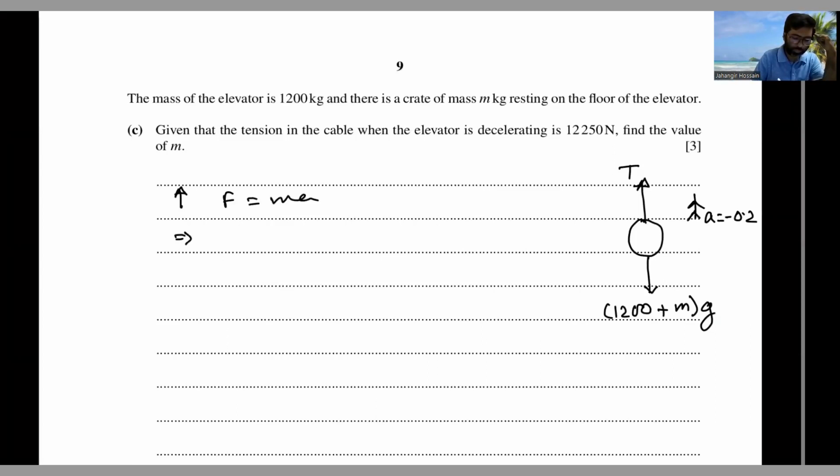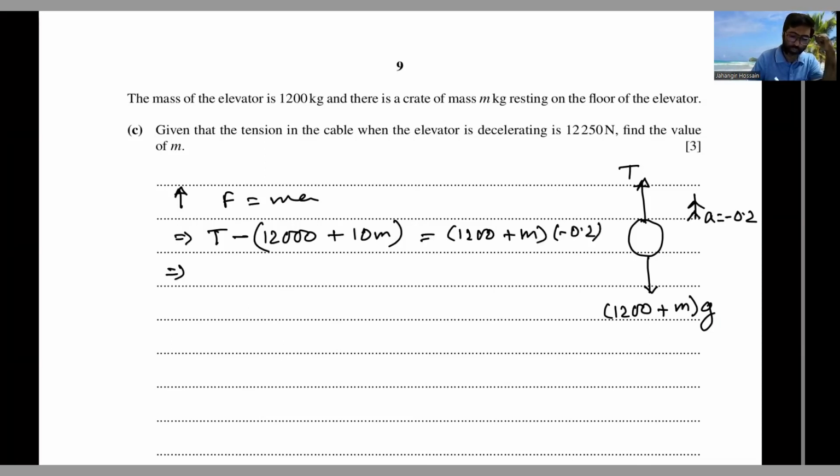So F is T minus weight, that is T minus 12,000 plus 10 m, put it inside the bracket, equal to 1200 plus m into minus 0.2.